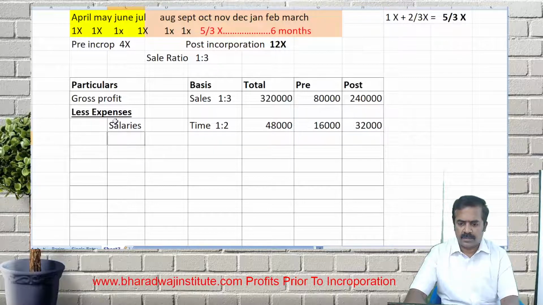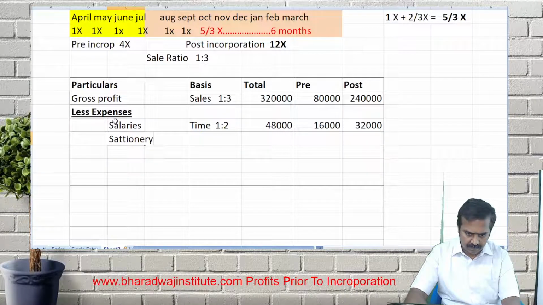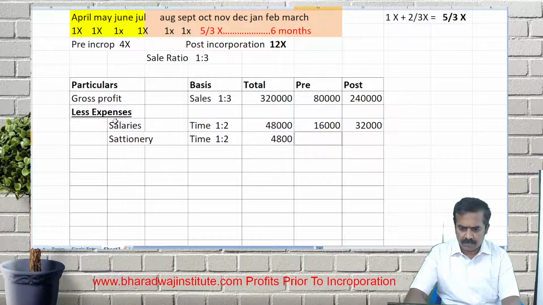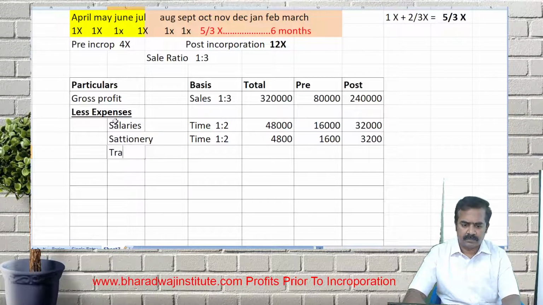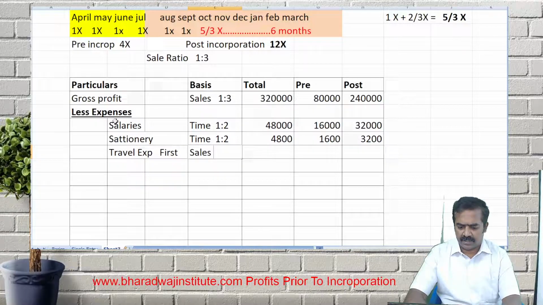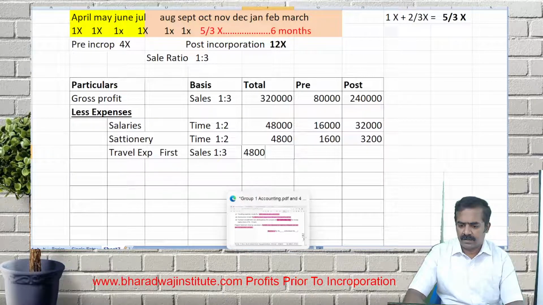Then what is the next one? Stationery, in time ratio. 4,800. Then traveling expenses. Of the travel expenses, first take the 4,800 which is given for sales promotion in sales ratio 1:3.